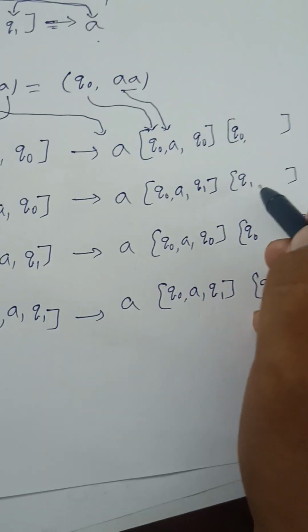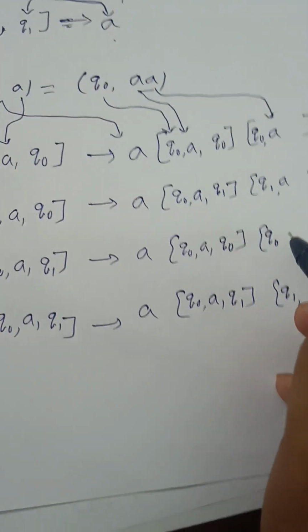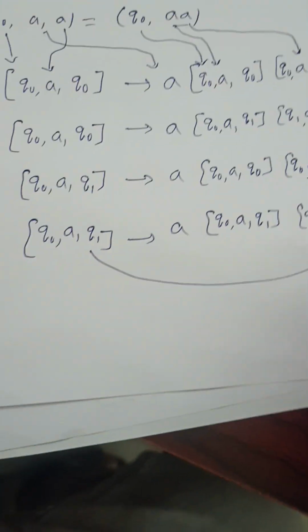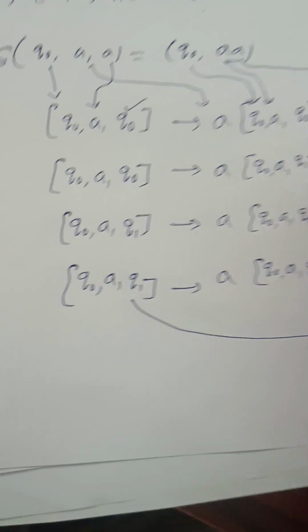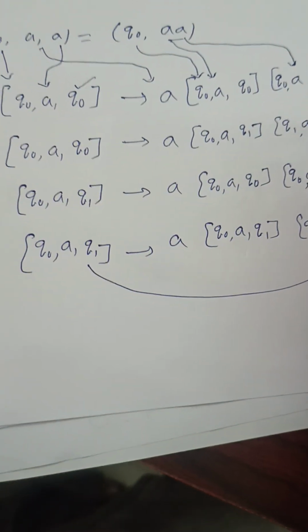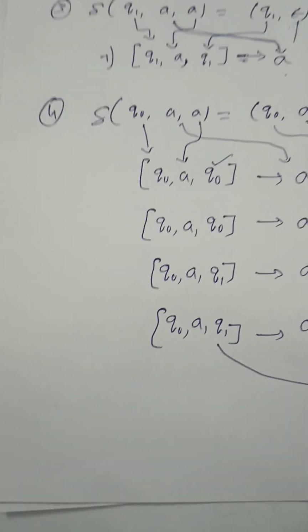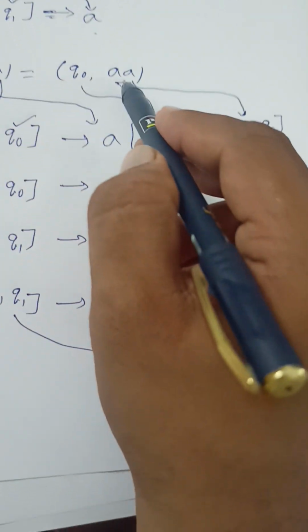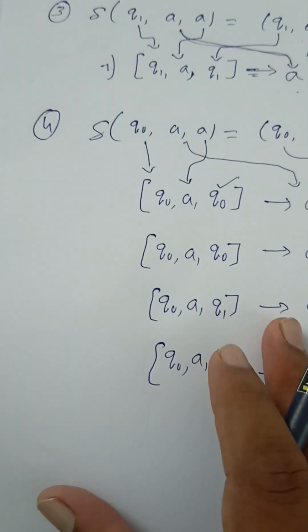Okay, what is the second field? The second character, small a, small a, small a, small a. What is the third field? Third field is whatever right here. Okay, q naught, q naught, q1, q1. Okay, so here we have two characters, that's why we get four production rules.